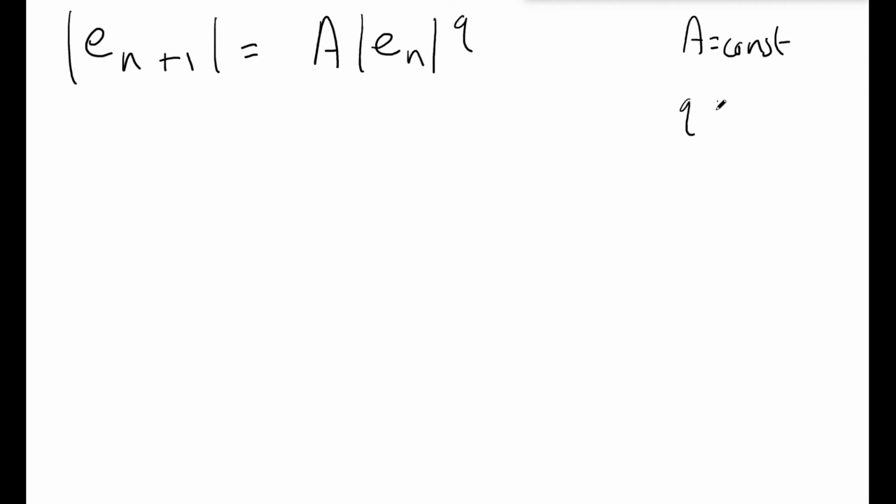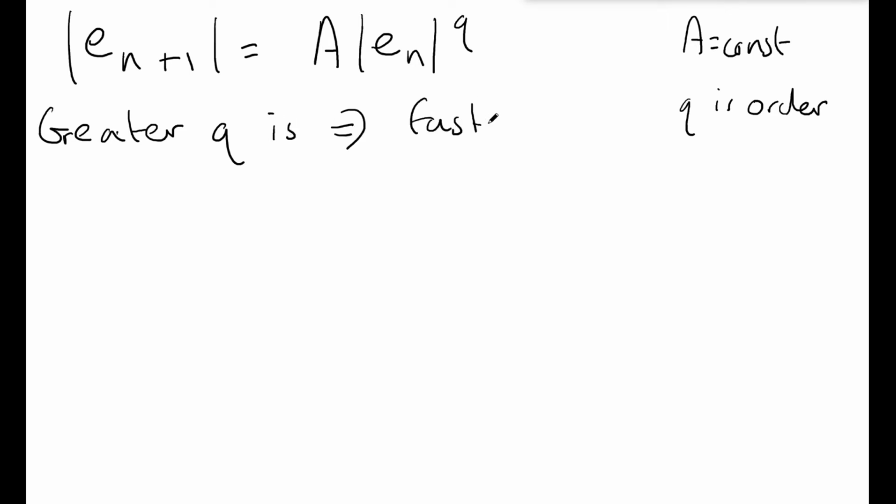Q is the order. So the greater q is implies a faster rate of convergence. This is a very useful way of comparing our different methods we're going to revisit.